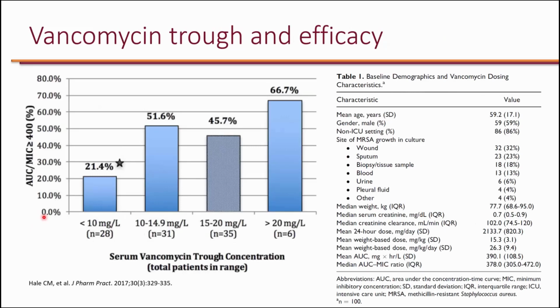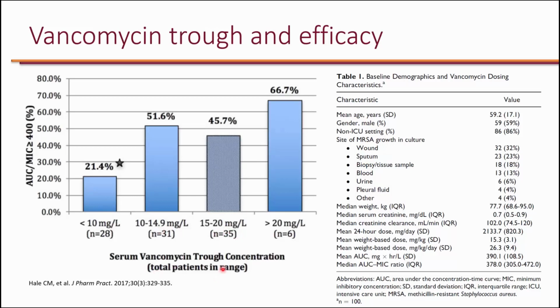And lastly, since the old guidelines were targeting 15 to 20 for more severe infections, and I just showed you that 15 to 20 is more nephrotoxic than 10 to 15, they wanted to see, since we're targeting 15 to 20 for more severe infections, is 15 to 20 even more likely to achieve the AUC to MIC of 400 compared to a trough of 10 to 15.